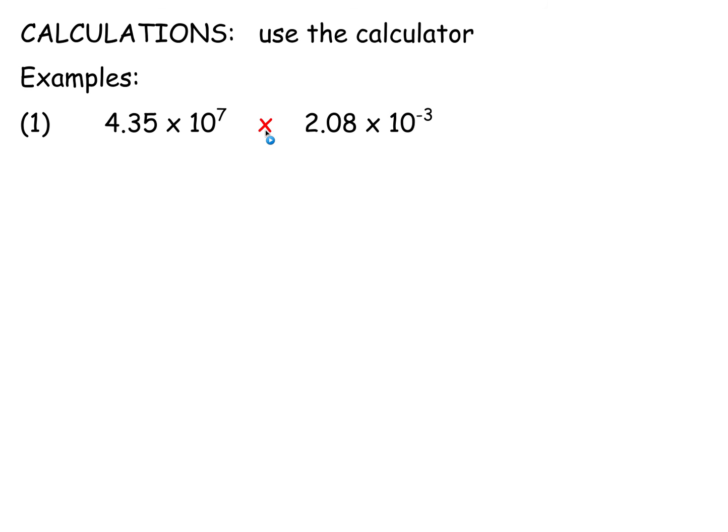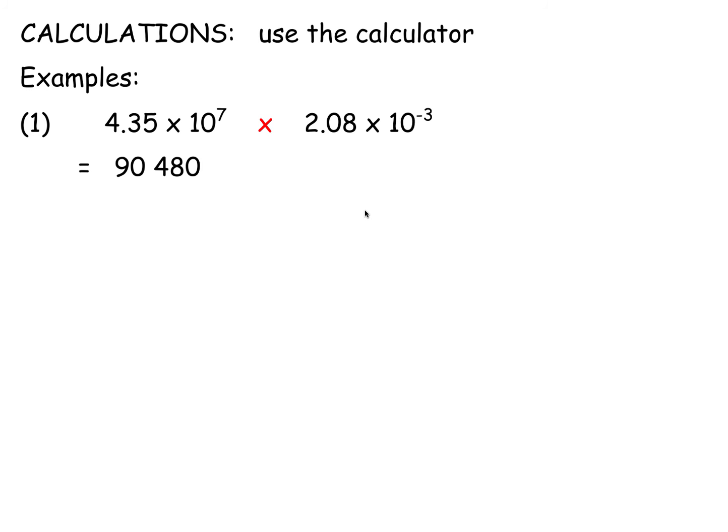This red multiplication sign is the multiplication button. So that's not a multiplication, it's the times 10 to the power x button you use there. So enter in the calculator the 2 numbers, pressing here the multiplication, and the answer may come up in standard form, that's scientific notation, on the calculator.